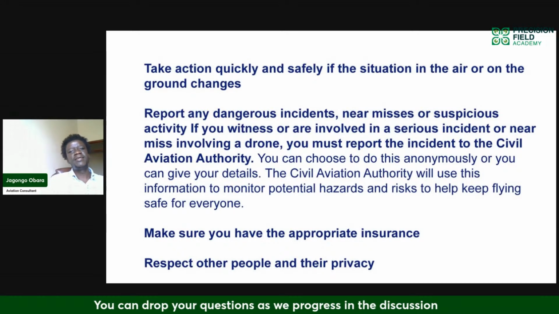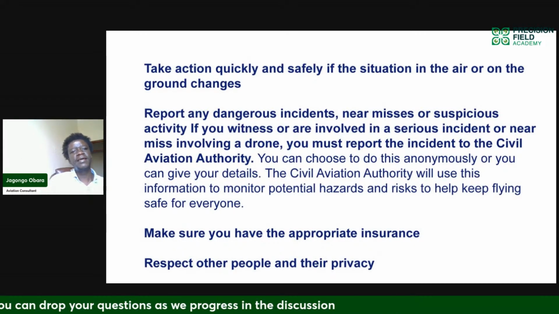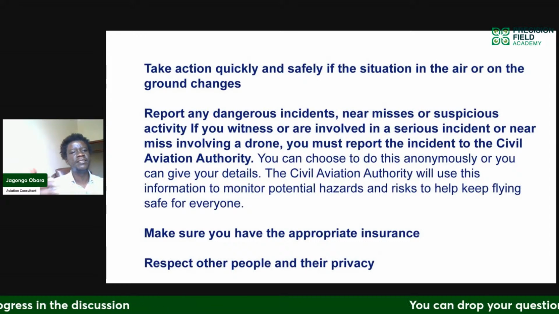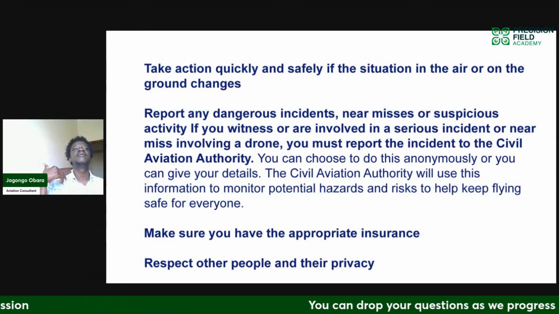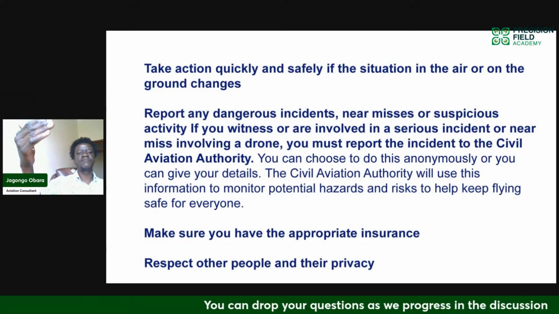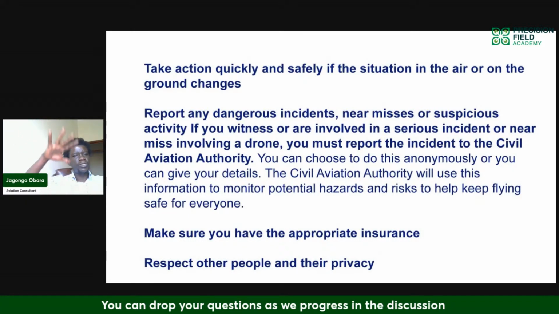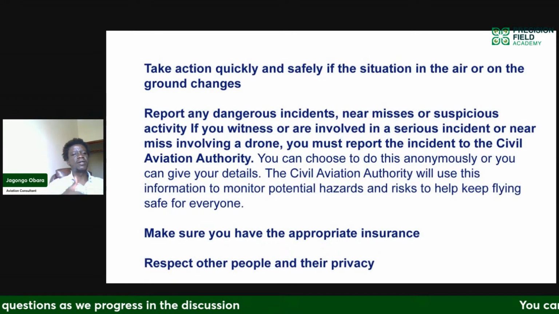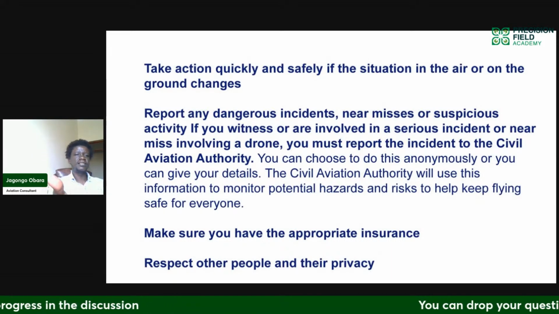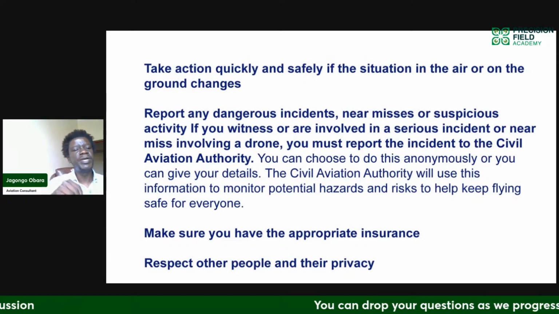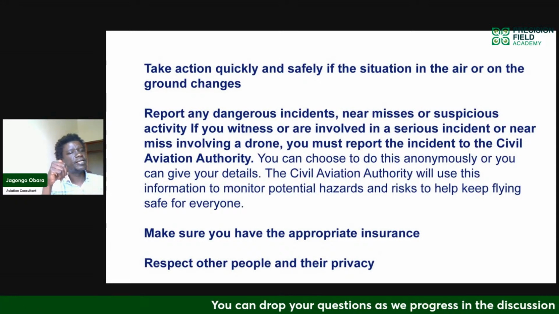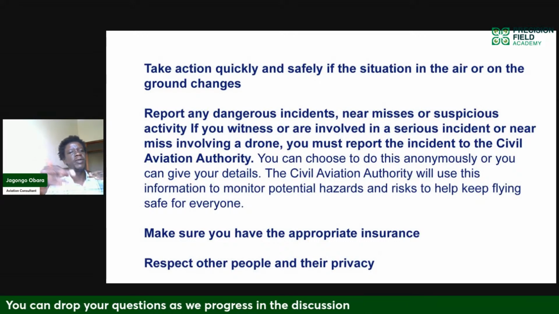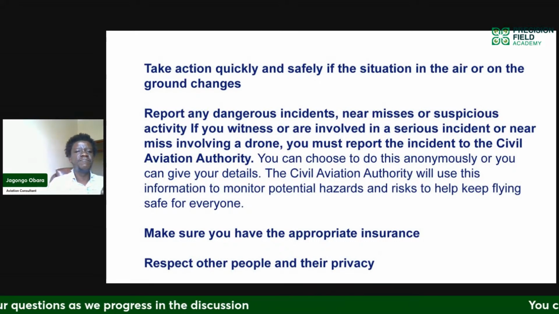Take action quickly and safely if the situation in the air or on the ground changes. Should you notice any significant issues, there's an aircraft flying towards us, or there's some certain birds which are hovering overhead us, or there's some ground animals that are coming towards us, we need to be in a position where we can either hit the return to home button, or we can land, or we can hover, or we can take certain evasive maneuvers.